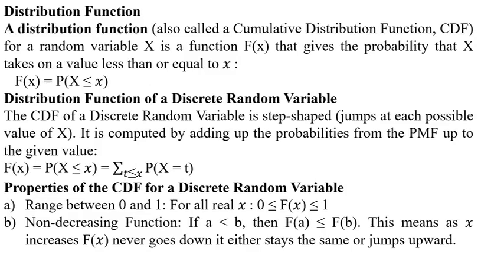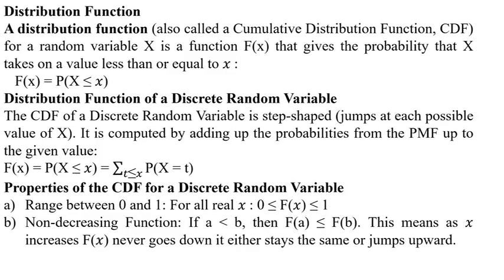So the CDF of a discrete random variable is step-shaped, jumps at possible values of x, and is computed by adding up the probabilities from the probability mass function up to the given value. That is, F of x equals P of X less than or equal to x, which is the summation over t less than or equal to x of P of X equals t.